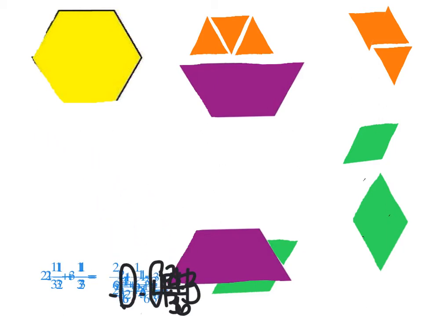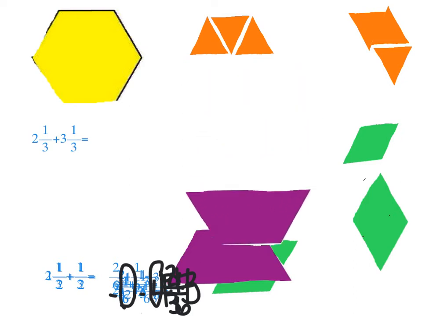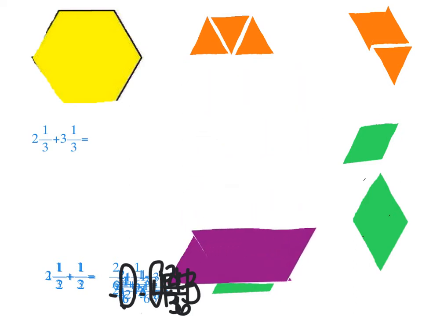Okay, we're going to move that. Okay, let's say that we have 2 1/3. So we're going to get this out of the way. And we're going to move these over. And so basically we're adding a third and a third. And I kind of resized that a minute ago, so it's not quite the right size there.